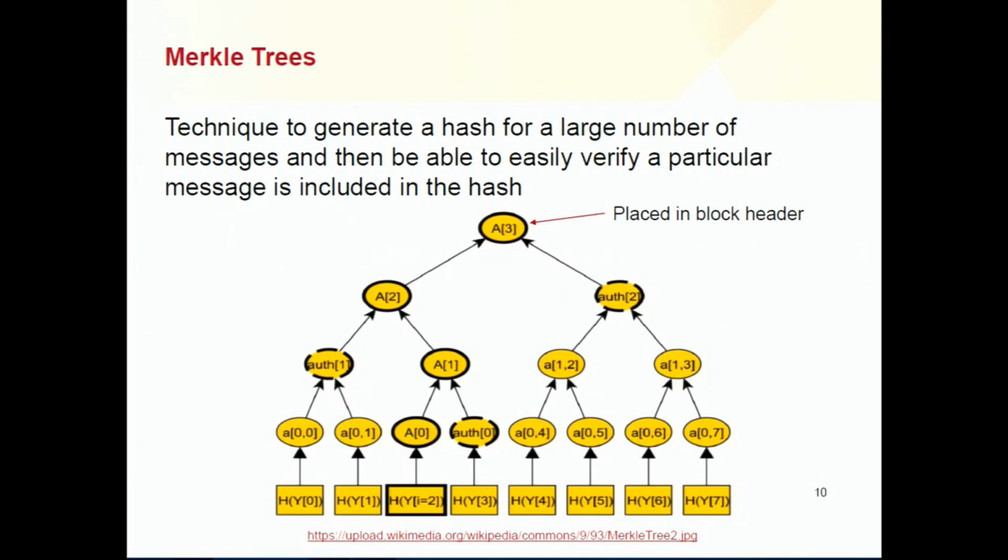So you've got 1, 2, 3 hashes you have to compute to determine if that element's in the tree. So finding something in the tree is very efficient, particularly as you get more and more of these things down here at the bottom, because it just increases as the log base 2 of the number of items, which is much slower than having to go back and recompute the hash of everything.